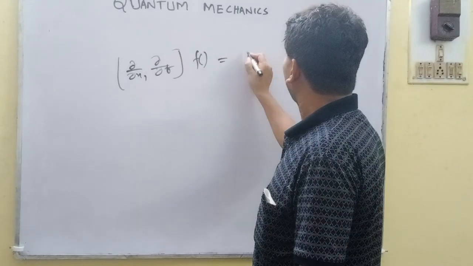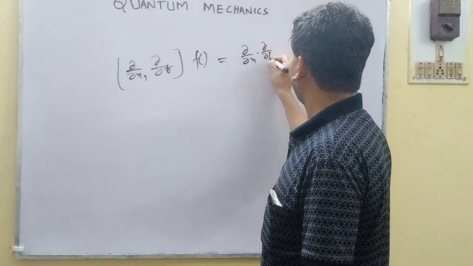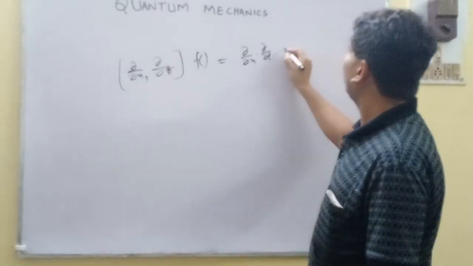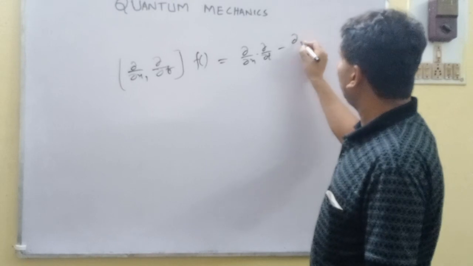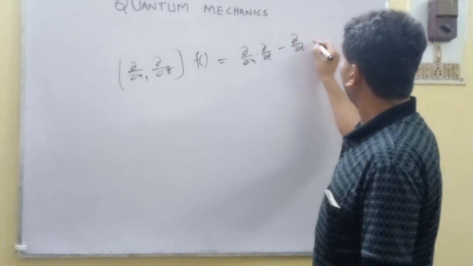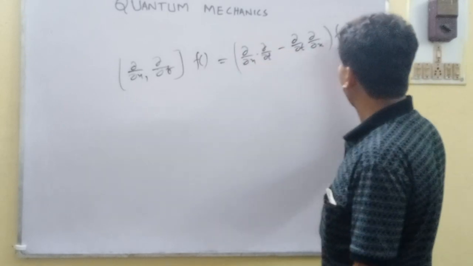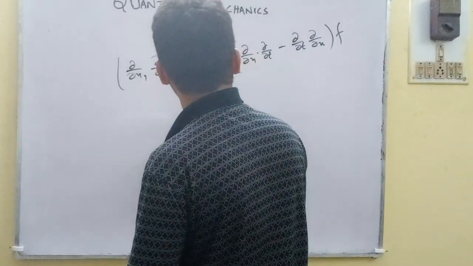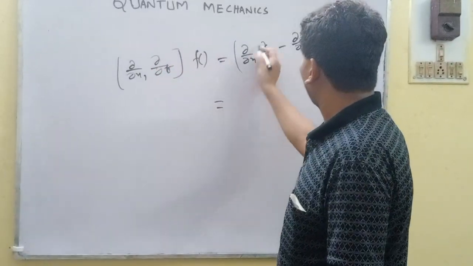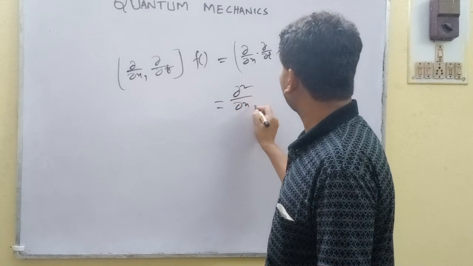Then what happens? Del x into del t f minus del t del x f, or x maybe.